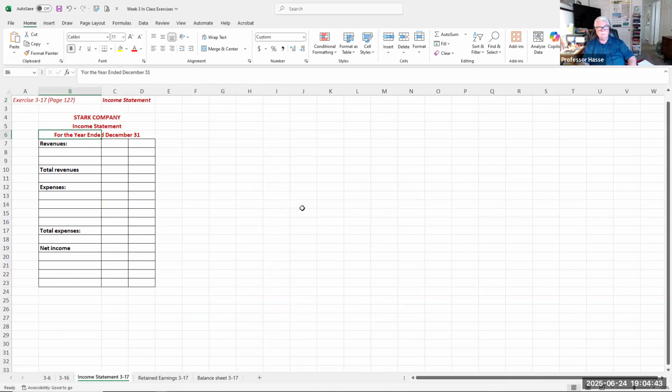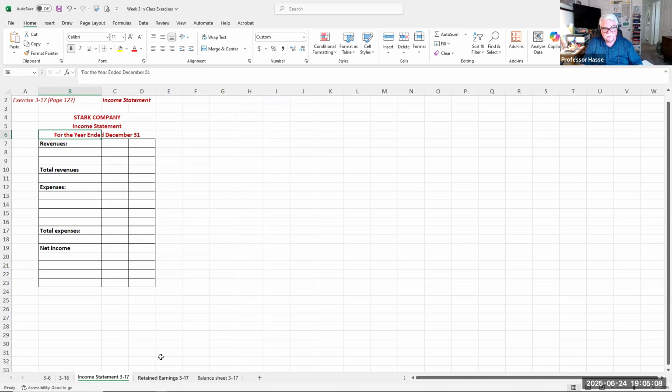Okay? That should be in every financial statement. If you just have a blank heading on an assignment or an examination, you'll get the whole thing wrong because it doesn't tell the readers or the users of this data what period or what this is all about. So one of the first key things to remember is complete the proper heading to that financial statement.